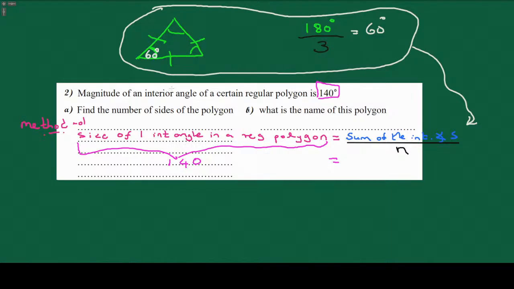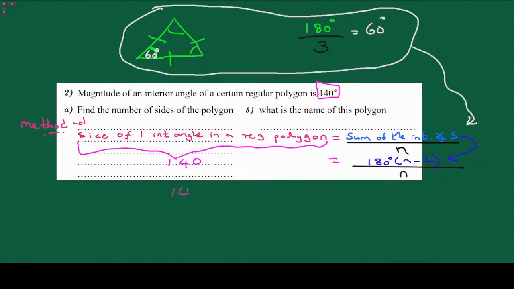We know the formula. Sum of the interior angles equals 180 times n minus 2. For any polygon, you can find the sum of the interior angles by doing 180 times n minus 2, divided by n. N means number of sides. This polygon, we don't know the number of sides yet. So you have to write n as it is.